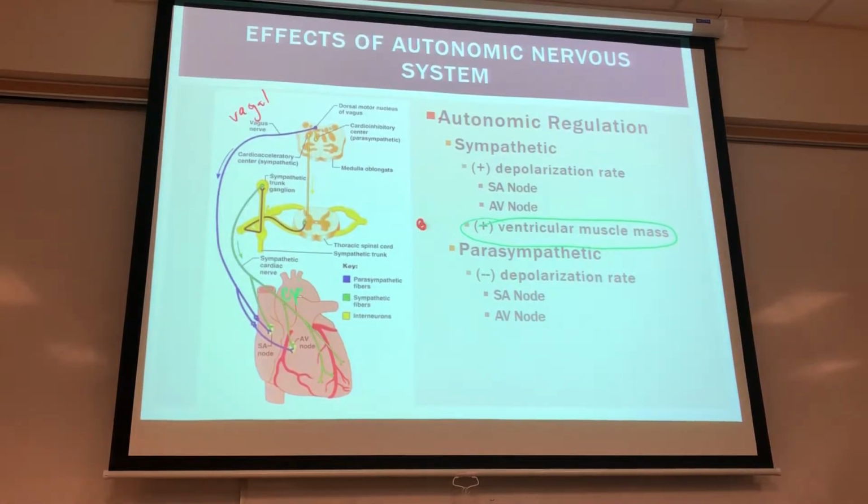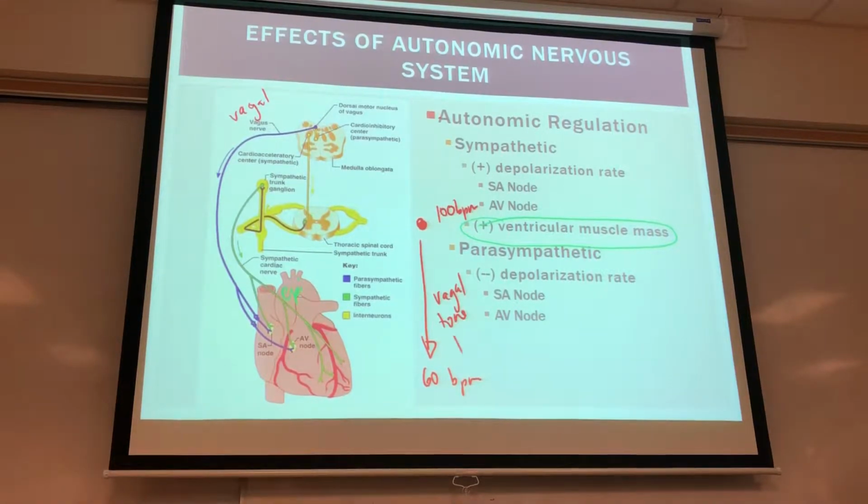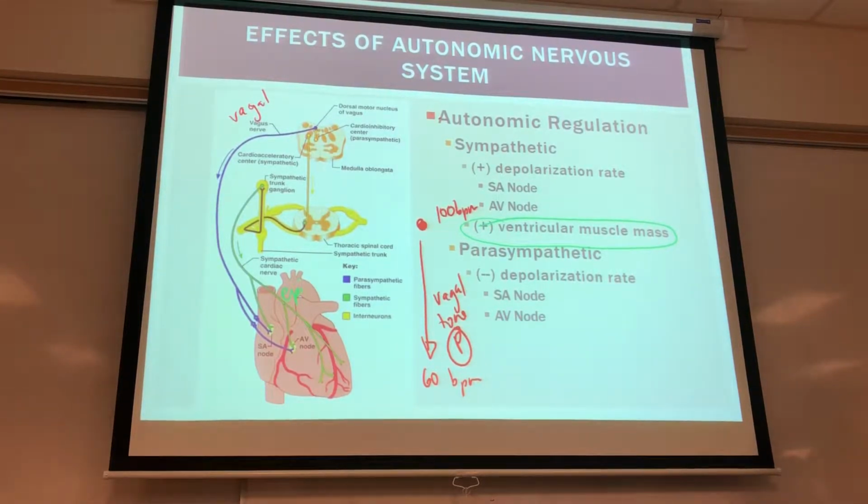So what we're looking at, the set point, we're starting off at 100 beats per minute. To bring it down to about 60 beats per minute is vagal tone, or parasympathetic output. To raise the heart rate up to about 200 beats per minute would require sympathetic output.